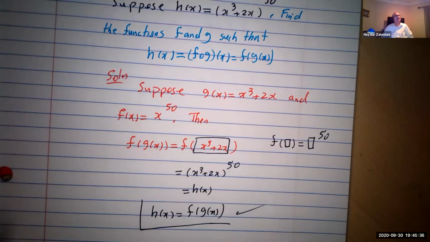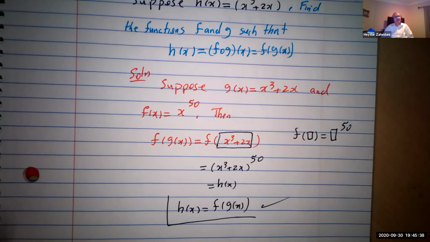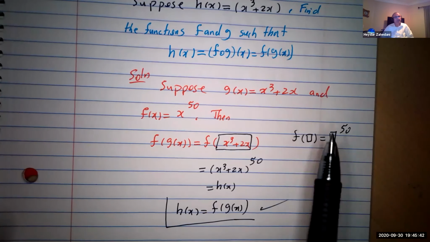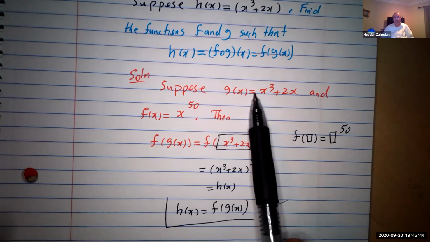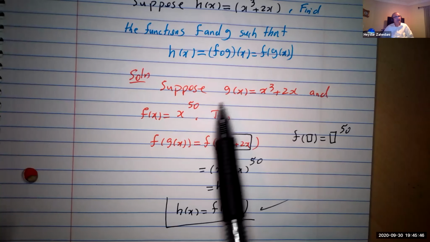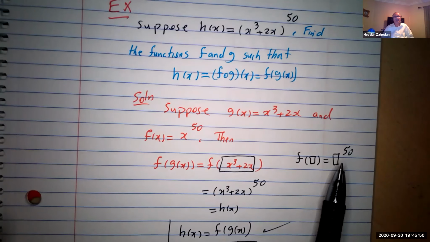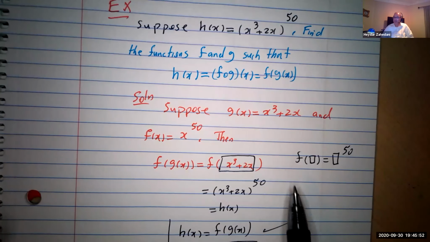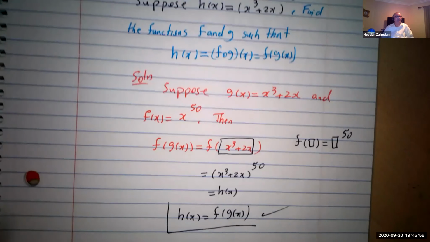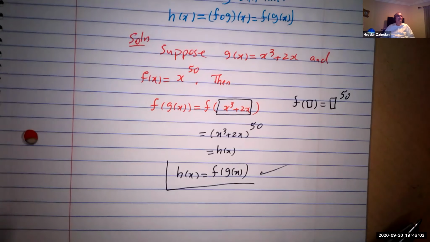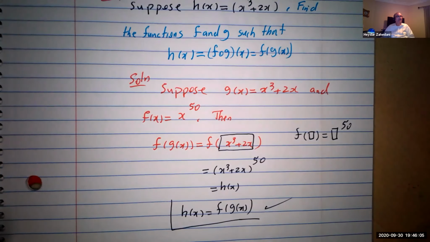This is the way we are going to use it in the future if you take calculus, because in those courses there are some operations that are easy to perform with these two. If you want the same operation for h, you write it as a composition of two functions, and then you get back. This is where you are going to use composition of functions if you take calculus or business calculus.